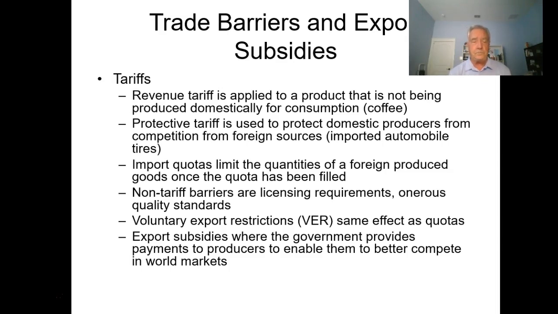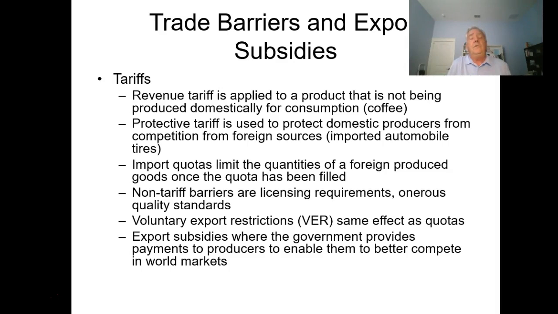And then there are quotas. In other words, the way a quota works is that they put a quota into a country and they say, all right, you guys, we will allow you to import or export to our country 10,000 units. If you go beyond that number, we're going to fine you or put a tariff on your products. So that's how the quota works. Then there are non-tariff barriers.